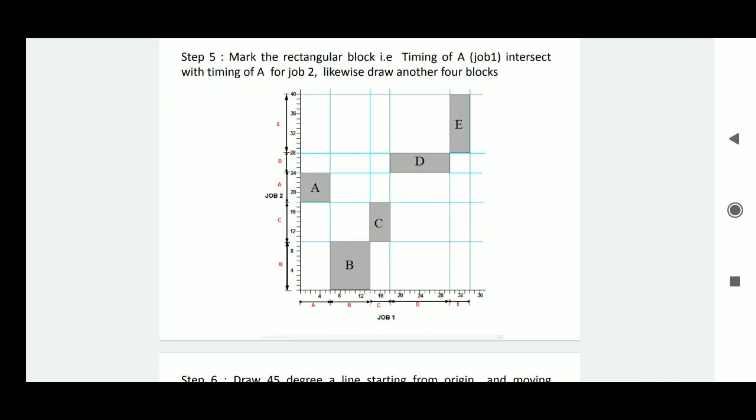When we see horizontally, on the x-axis, we will see the sequence of operations, that is A B C D E for job 1.